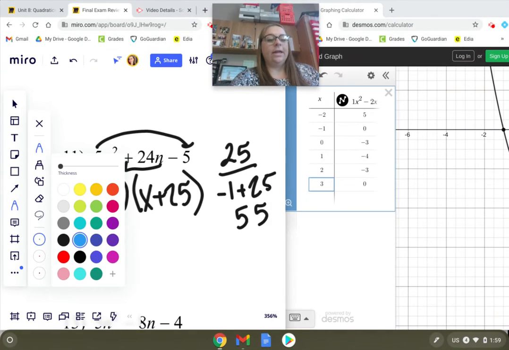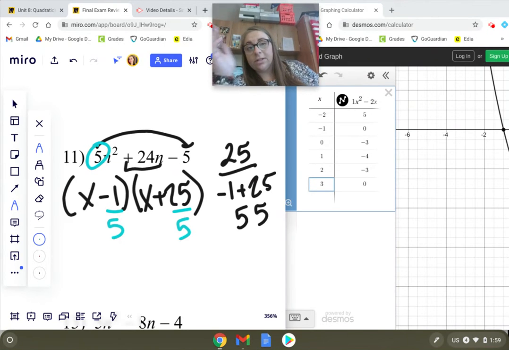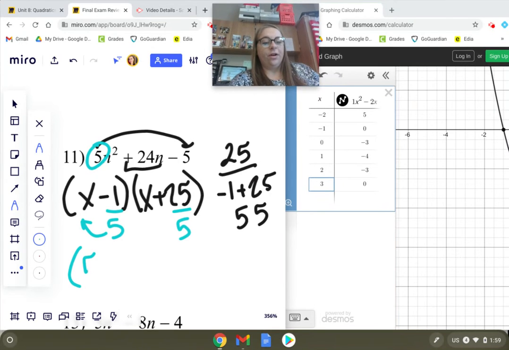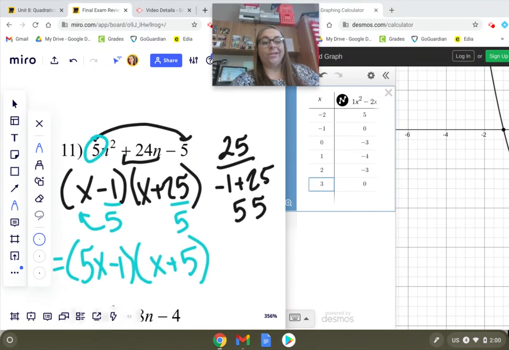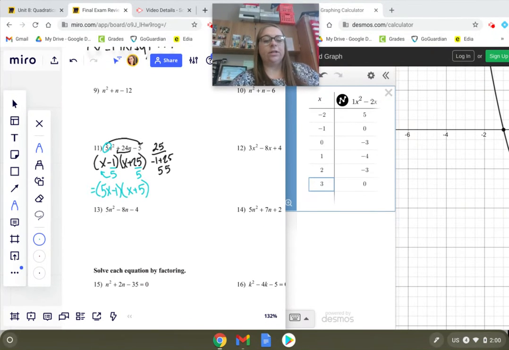And now remember, we want to take our a and divide. So divide by 5, divide by 5. And if it doesn't divide, we slide. So slide that 5 in front, so 5x minus 1. And then for 25, 25 divided by 5 gets us 5. So that's our final answer there. Do that same thing with 12, 13, and 14.